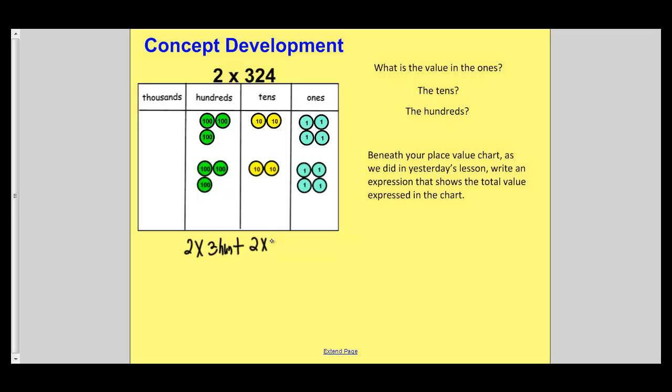Plus 2 times 2 tens, plus 2 times 4 ones. Then underneath it, I'm going to write the value. So this will be 600 plus 40 plus 8.